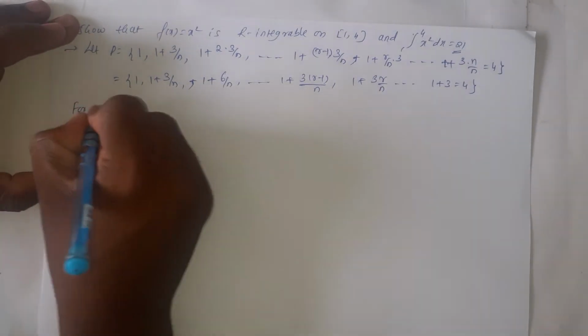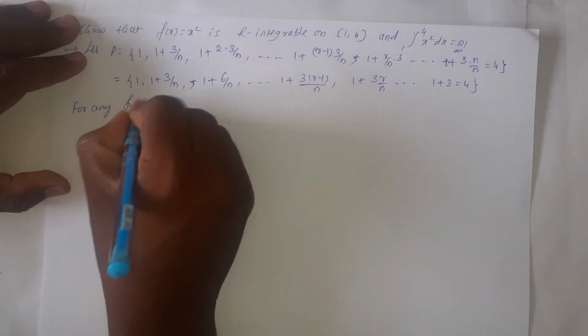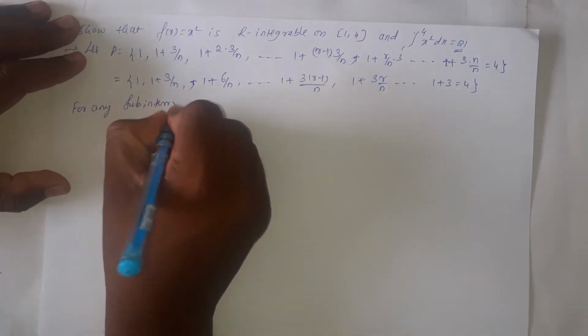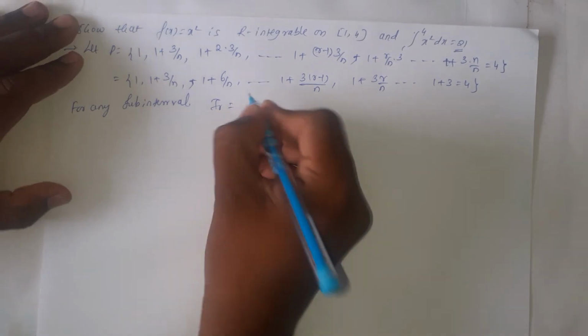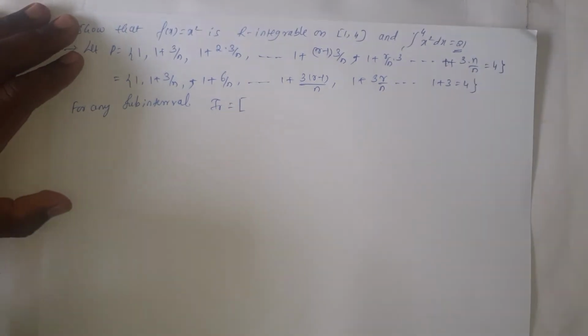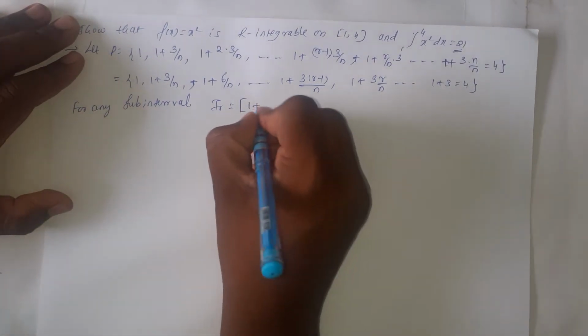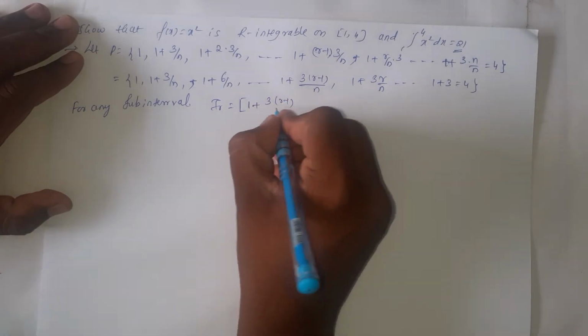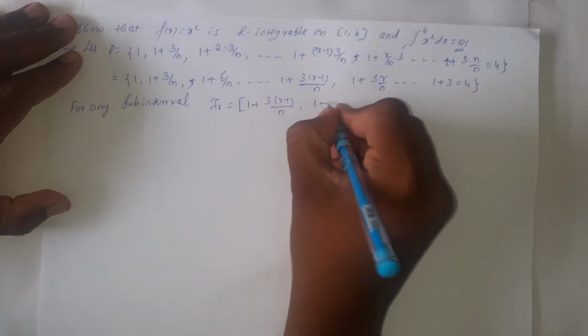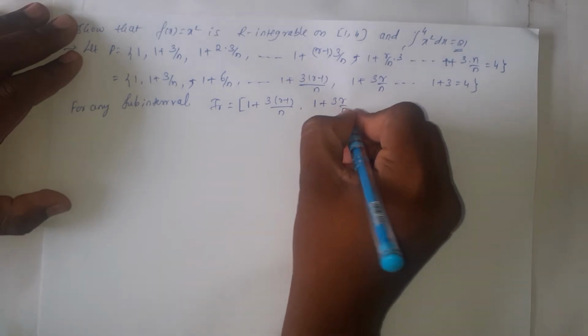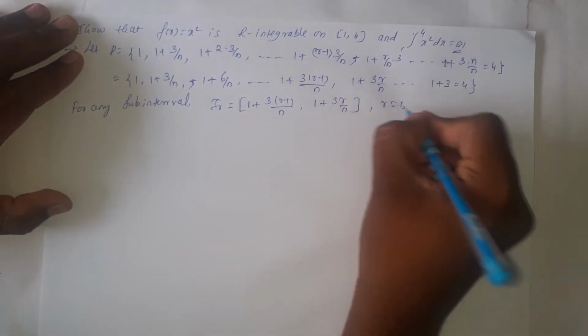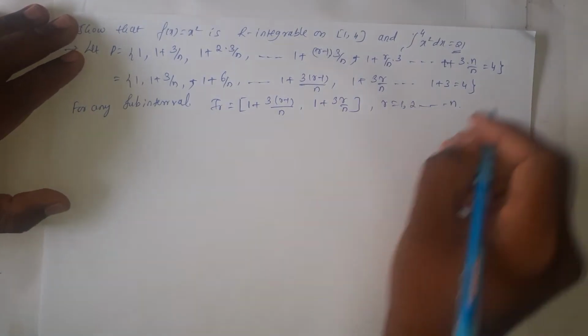For any sub interval I_r, the limits of the rth sub interval are 1 plus 3 times (r minus 1) by n and 1 plus 3 times r by n, where r takes the values from 1 to n.